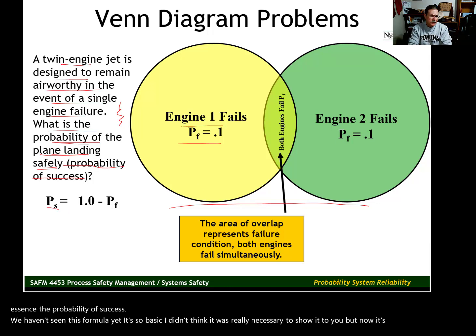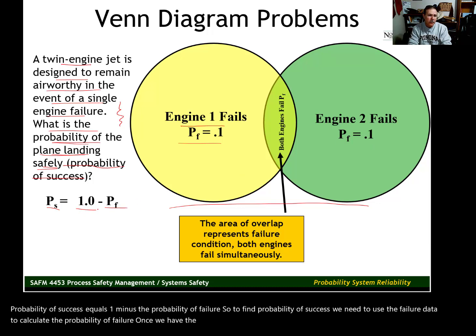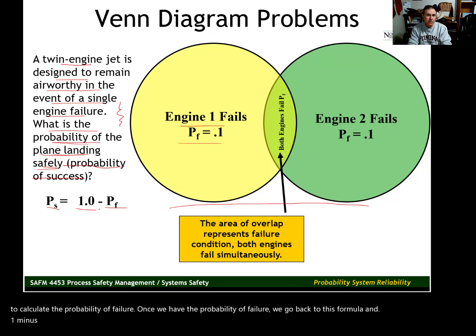Probability of success equals 1 minus the probability of failure. So to find probability of success, we need to use the failure data to calculate the probability of failure. Once we have it, we go back to this formula and subtract that probability of failure from 1.